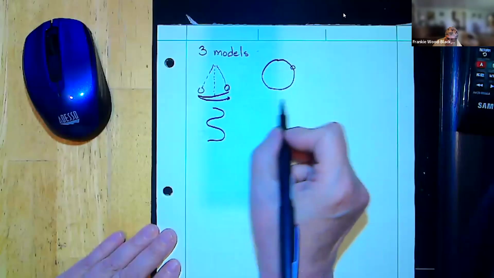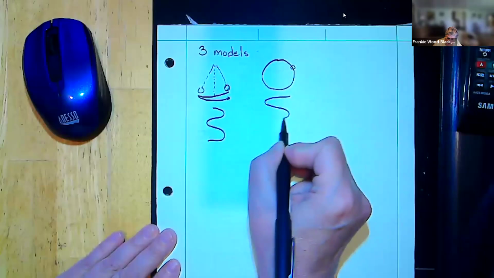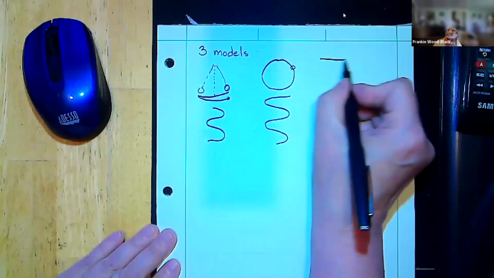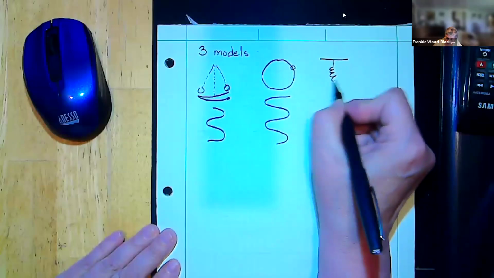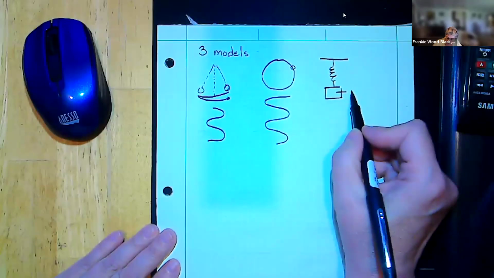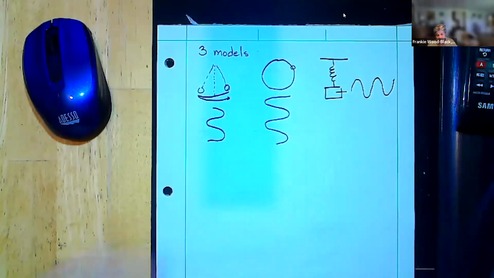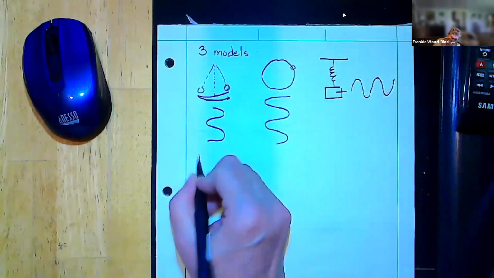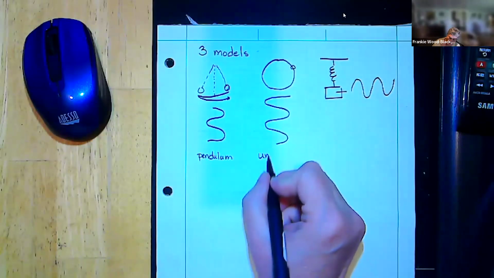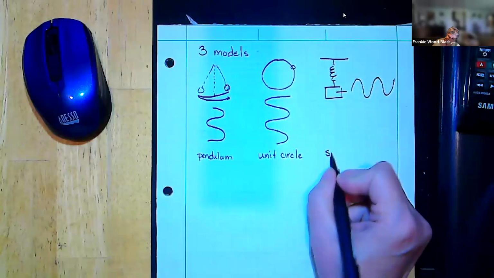And if I'm looking at it from the side, I'm also going to get a behavior that looks like this. And I have my spring situation where if I have my pin here, I'm going to get this going up and down and looking like that. So we've got our three models: our pendulum, our unit circle, and our spring system.